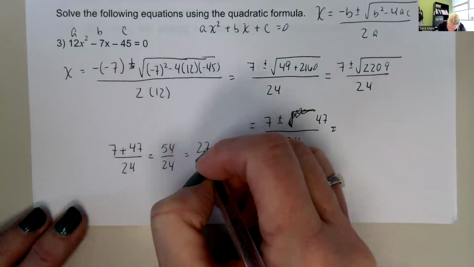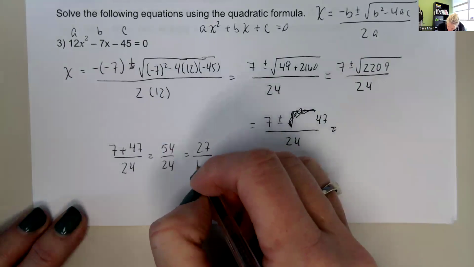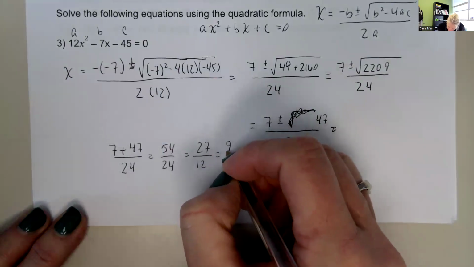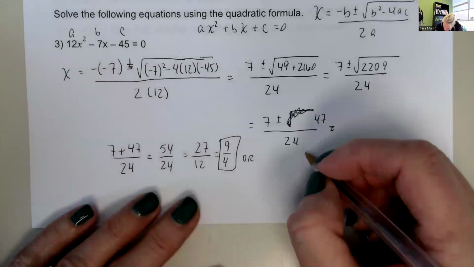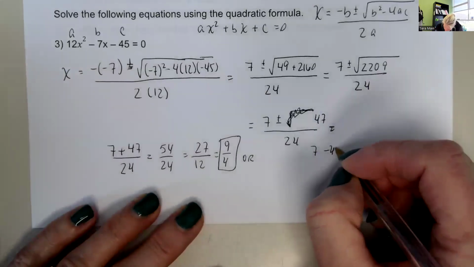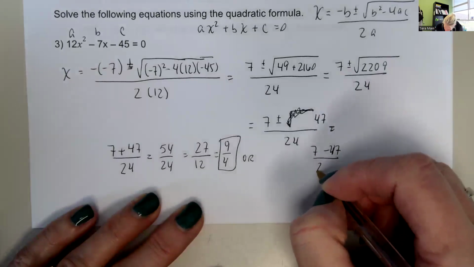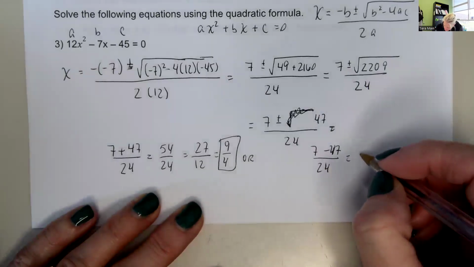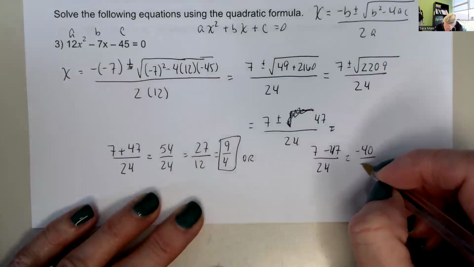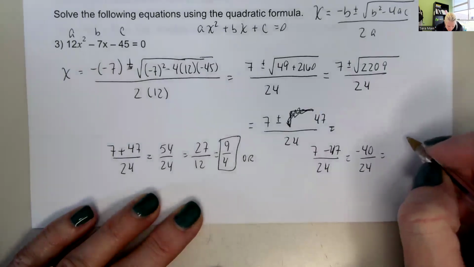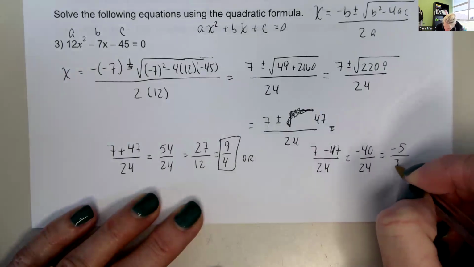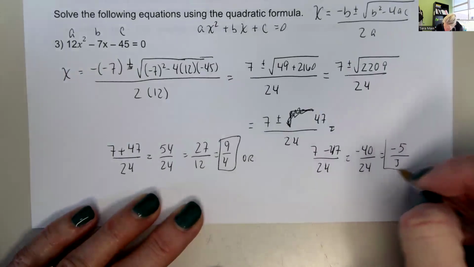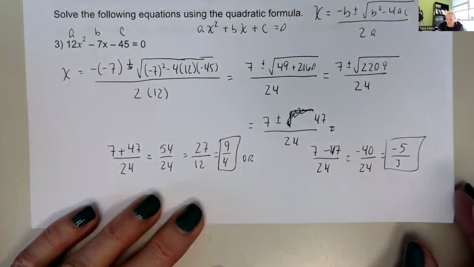And that simplifies to 27 over 12. And that simplifies into 9/4. Or we're going to have 7 minus 47 over 24. And that gives us a negative 40 over 24. And that simplifies into negative 5 over 3. So those are the two solutions there.